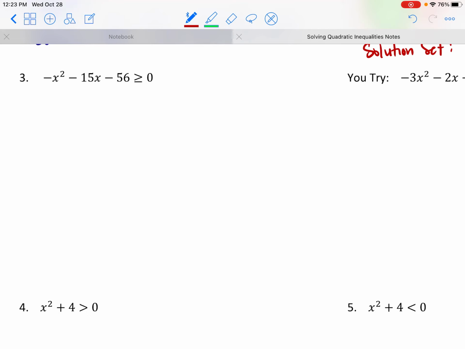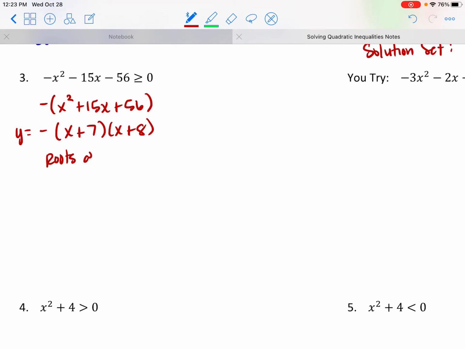This guy, if we were going to factor, we would take the negative out first. So that would be a positive 15x and a positive 56. And so then it's going to factor into an x plus 7 and an x plus 8. And again, if I was looking at this function, it's going to have roots at negative 7 and at negative 8.